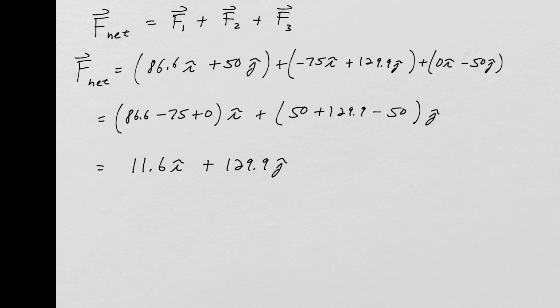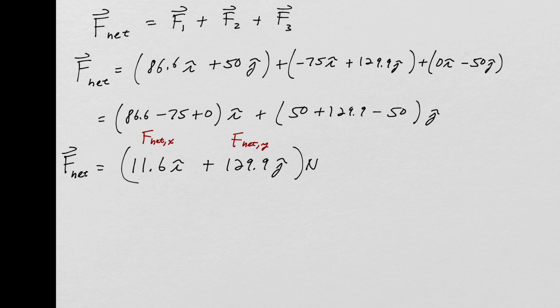That's F net, the answer in component form, and this is in newtons. This is like F net x, the 11.6, and my y component of the net force is 129.9. Okay, so that's the answer in component form.